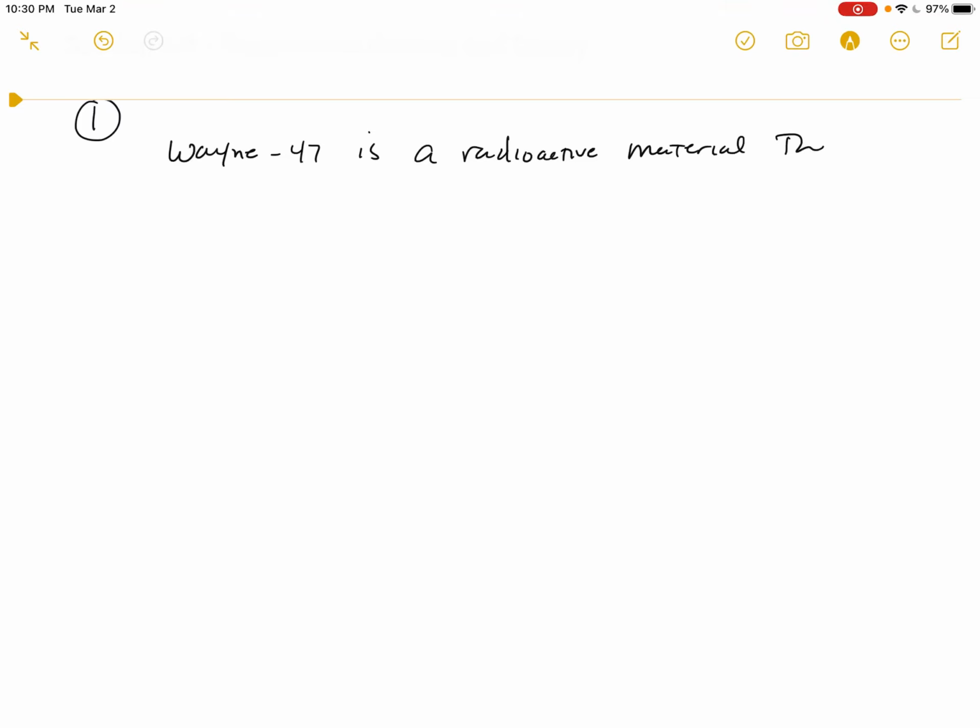They'll talk about a radioactive material. So in this case, Wayne 47 is a radioactive material that decays according to the function.